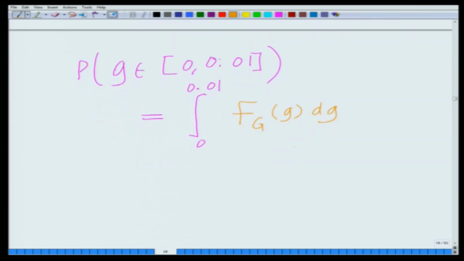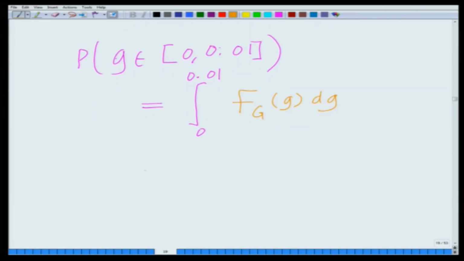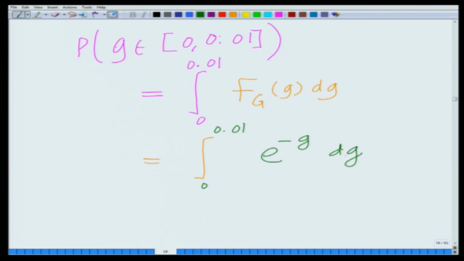We already know that this probability density function f of g is distributed as the exponential random variable with parameter 1. So, this is the integral from 0 to 0.01 of e to the power of minus g dg.